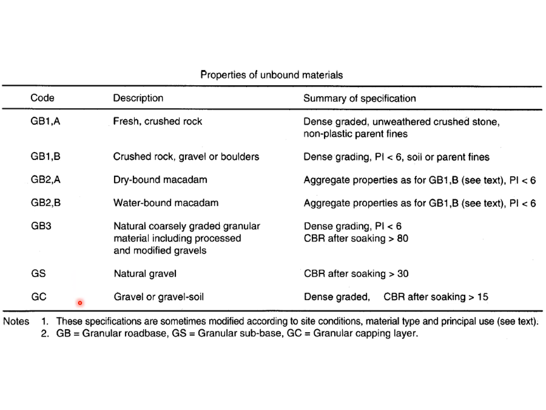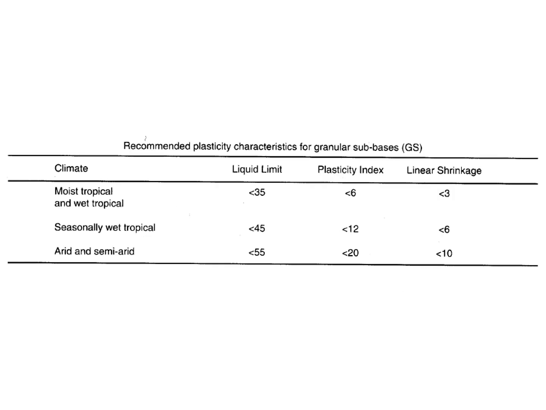So in Road Note 31 we are using this nomenclature or the codes mentioned in this table. Here you can see the recommended plasticity characteristics for granular subbases, and for the granular subbases we are using the code GS.